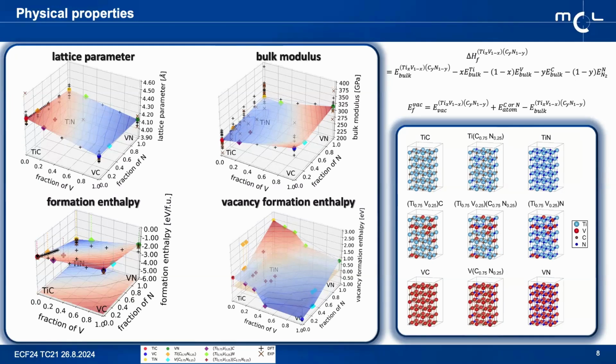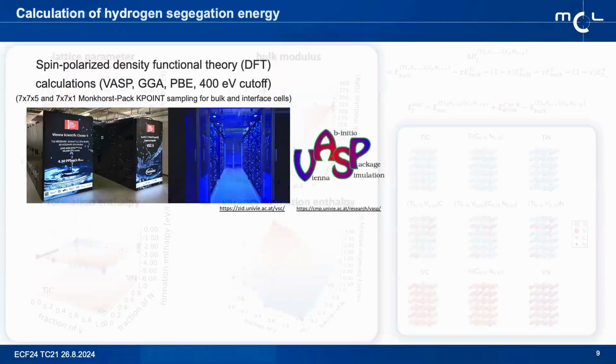And if you don't believe what this PhD student has calculated, these little crosses are literature results of other DFT calculations, and the brown X's are from experiment. I don't want to spend too much time on this slide, just to show you we calculate some physical properties. Why it's important is because they determine how many trapping sites we get from these carbides.